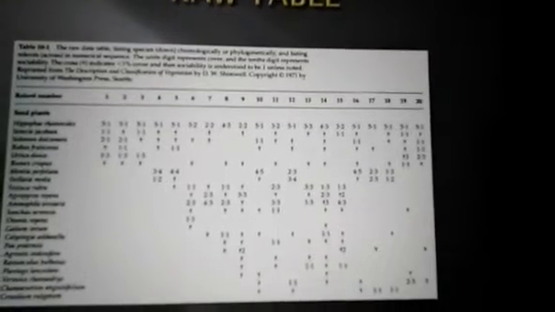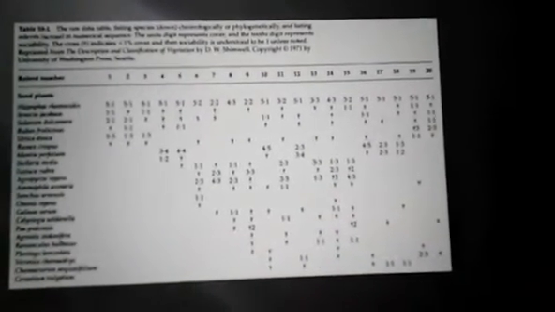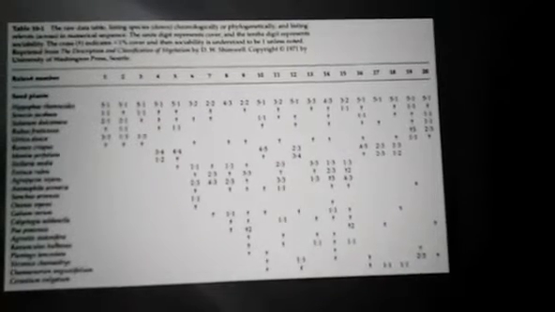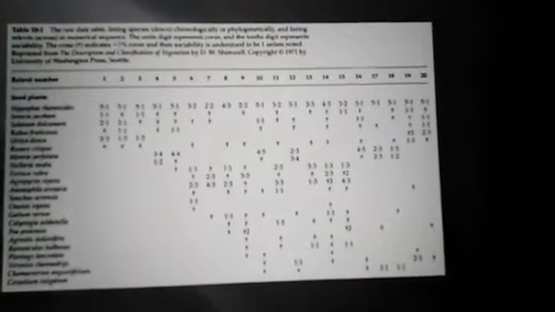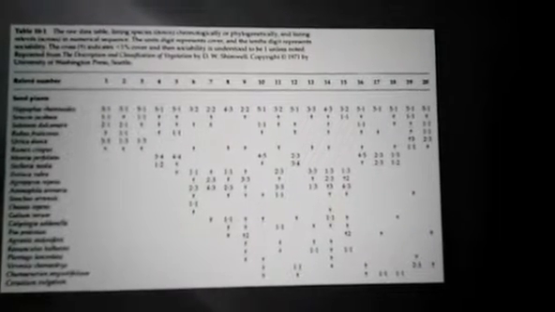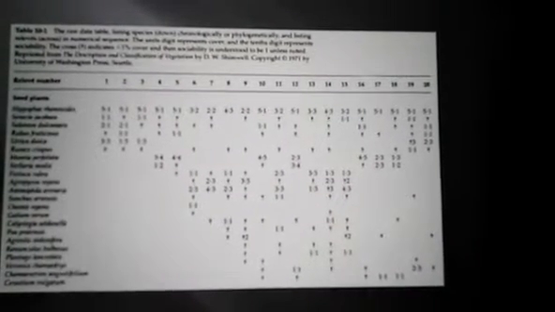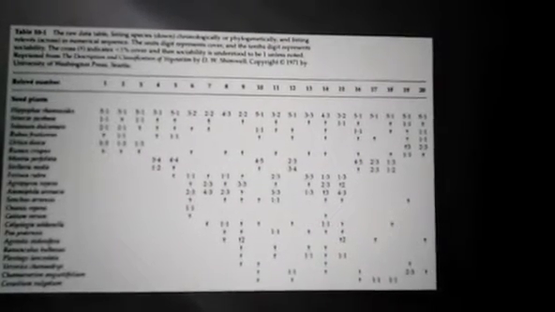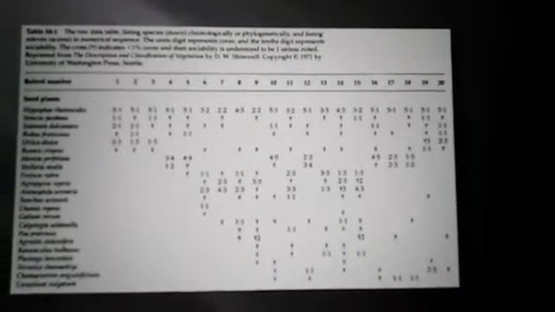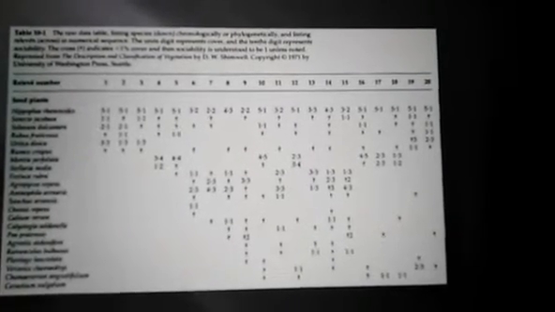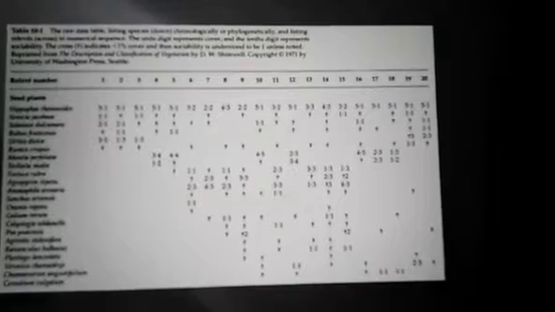So this is just a raw table which is still to be sorted. The cross there indicates the cover which is less than 1%, which means that sociability, or what we call association, is understood to be 1 unless it is noted.